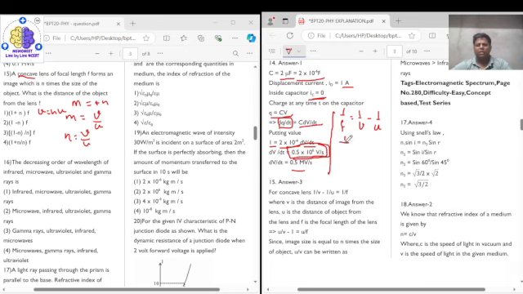So the focal length, let it be minus f, is equal to 1/v. It is a virtual image, so v will have a negative value, so v is equal to minus n times u, so minus 1/(n u) minus 1/u, right? So from here we have to find u. So 1/u is equal to 1/f minus 1/(n u), right?